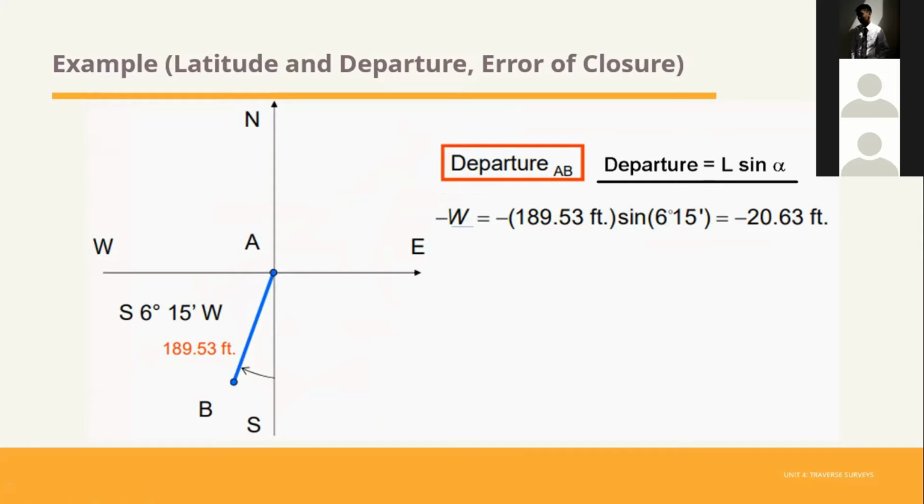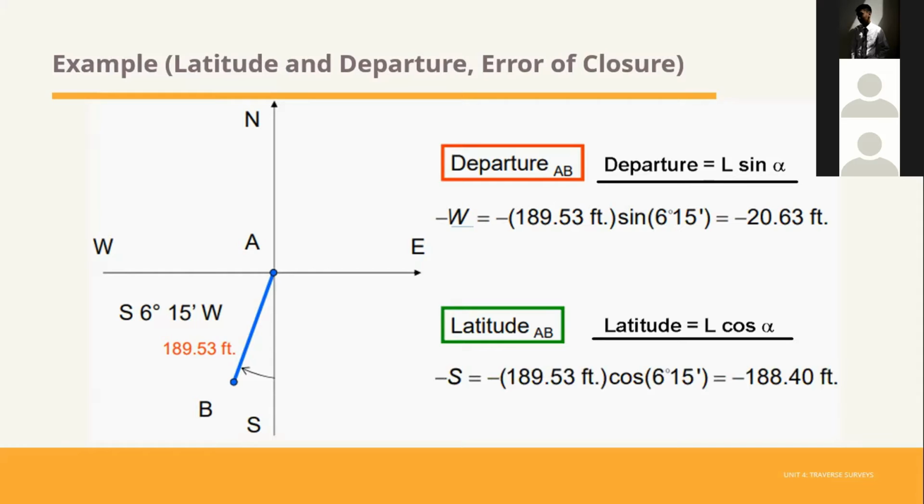Manipulating the formula and substituting the values, we will get negative 20.63 feet for the departure. And for the latitude, given the formula, we substitute again the values, and we get negative 188.40 feet. Again, it is negative since it is going to the south.